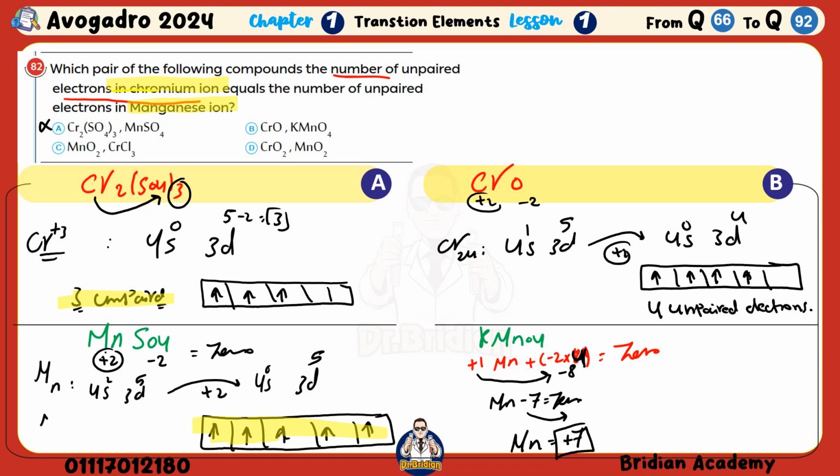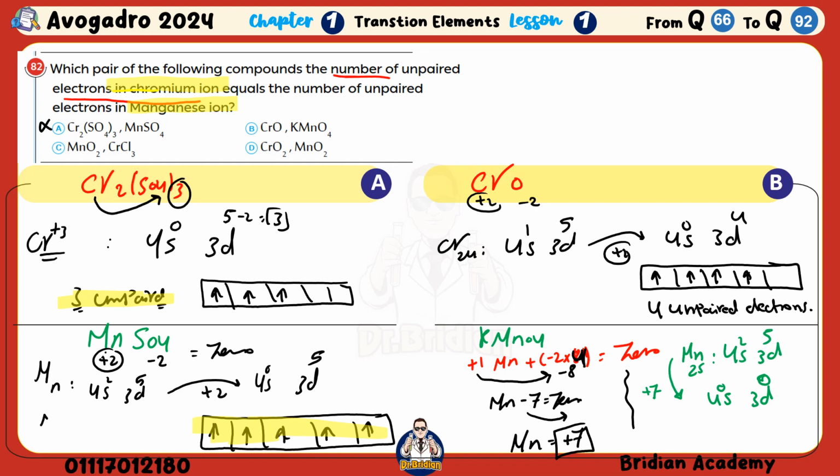positive 7. Okay, electron configuration for manganese in the atomic state: argon 18, 4s2, 3d5. He asked about positive 7, which means that it loses all electrons in 4s and 3d.